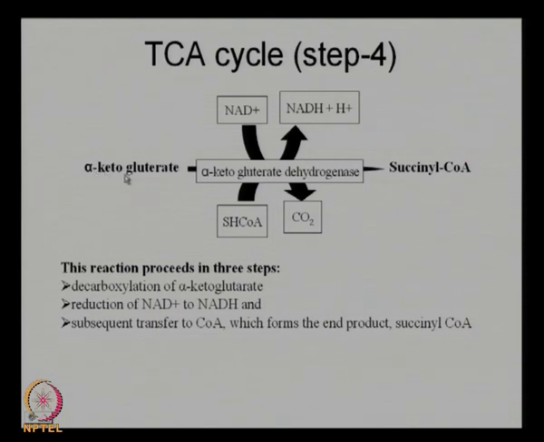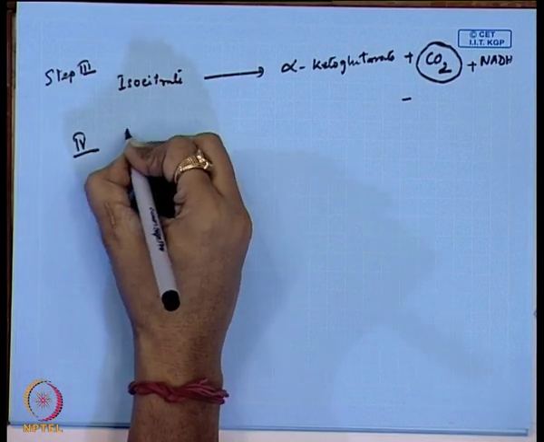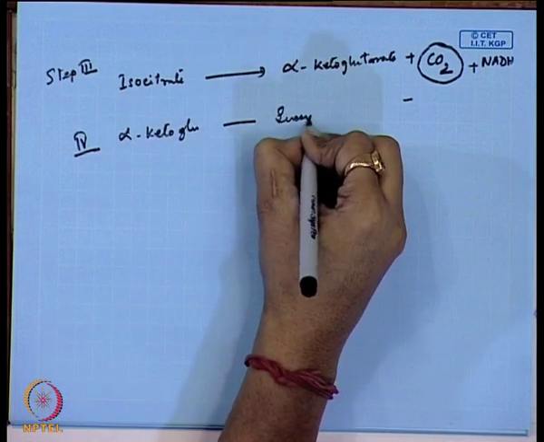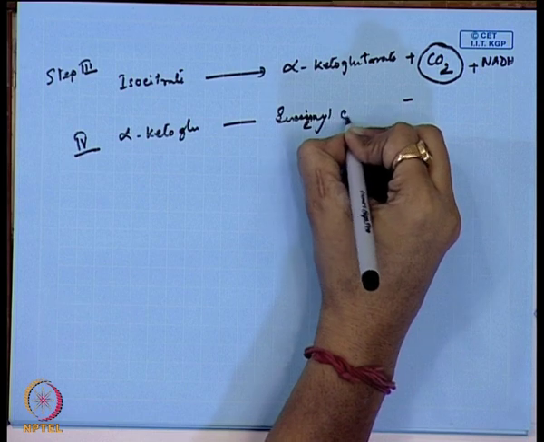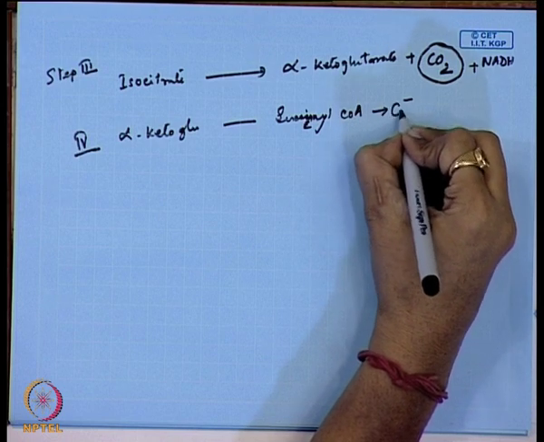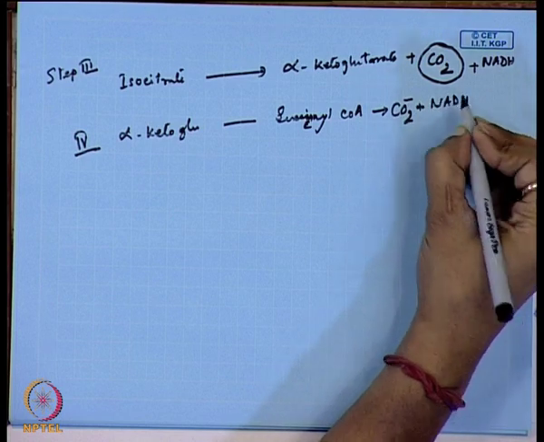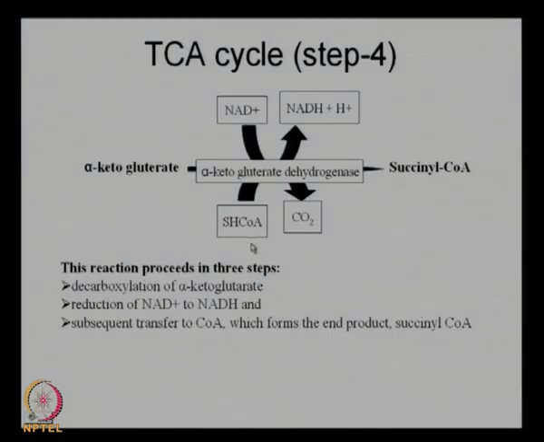Here the alpha ketoglutarate dehydrogenase enzyme is involved. In step 4, alpha ketoglutarate to succinyl CoA, one molecule of NAD is used, one molecule of carbon dioxide is released, one molecule of NADH is released, and coenzyme A-SH is required to form succinyl CoA.